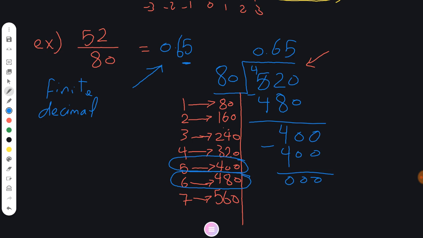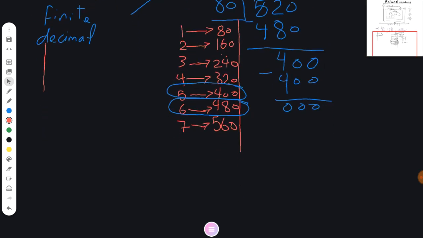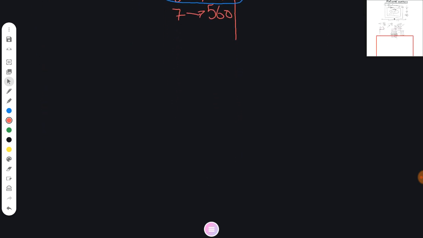Okay, what else can be written in the decimal form? Another example: five divided by 18 over 80.